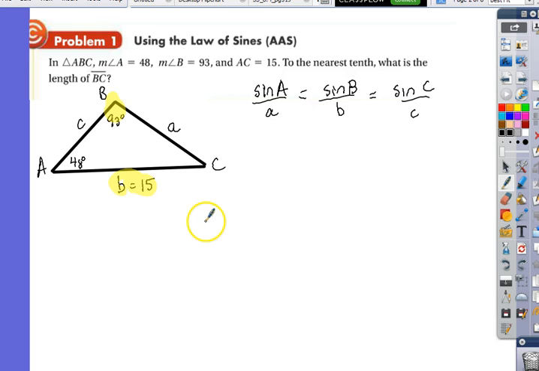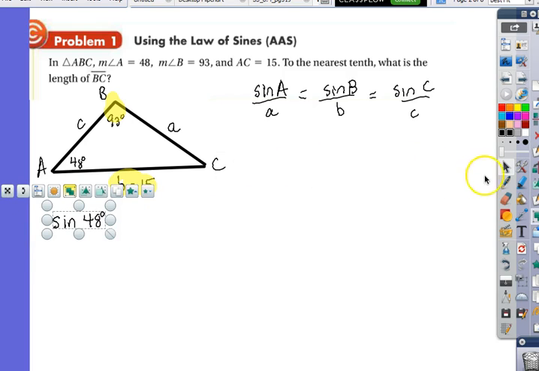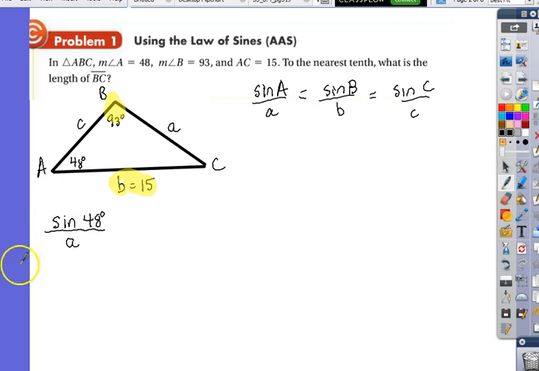All right, so here we go. Let's find the length of BC, which is the length of little a. How would I set it up? It's the sine of A, and A was what? 48 degrees. It's the sine of A, which is 48 degrees, over a, we don't know what a is, that's what we're trying to find.